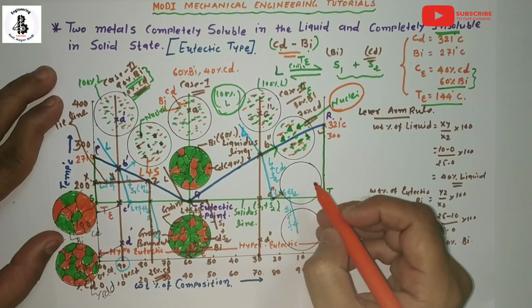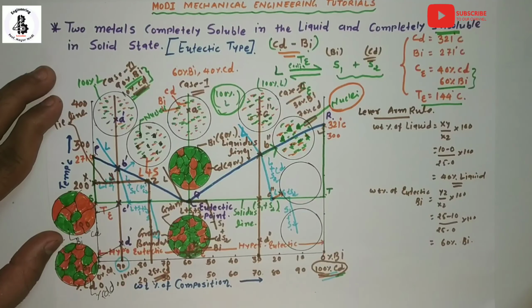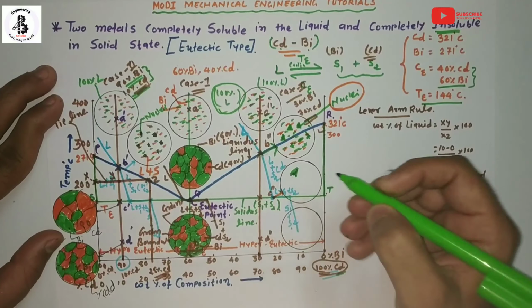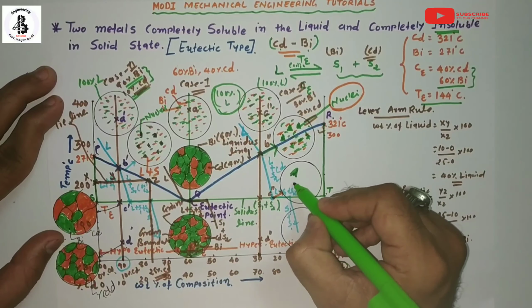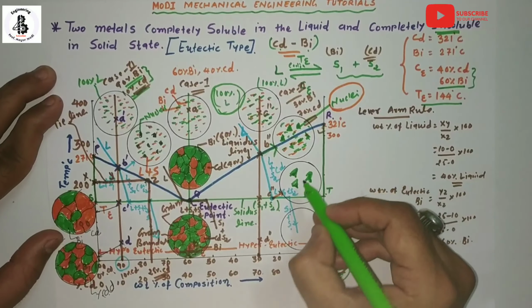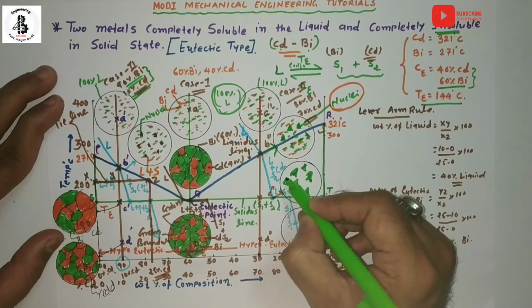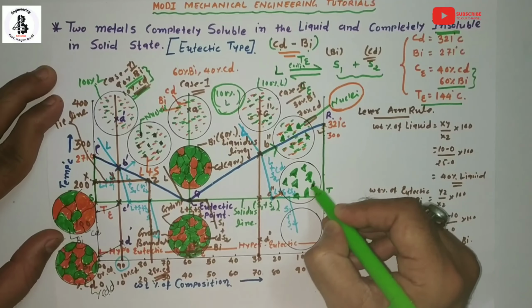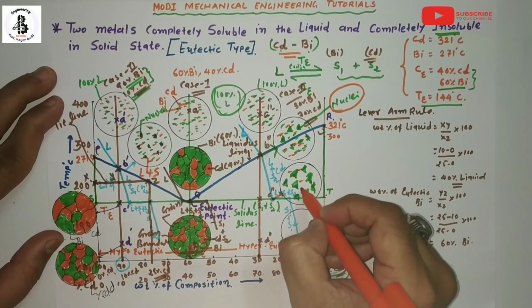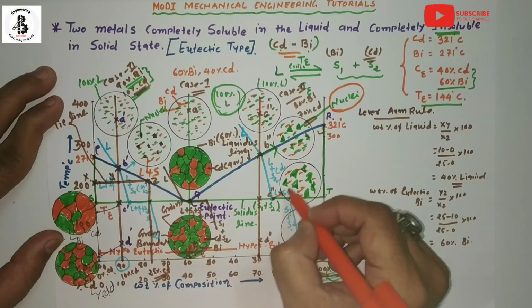Now for the microstructure at C point. Some portion, or one of the metals, will be completely solidified. This cadmium is 100% solidified, but the rest is still in liquid form.